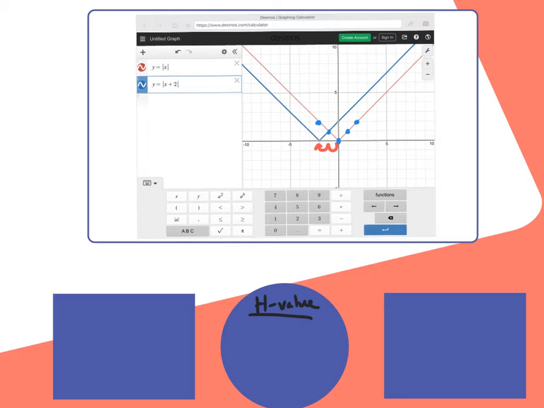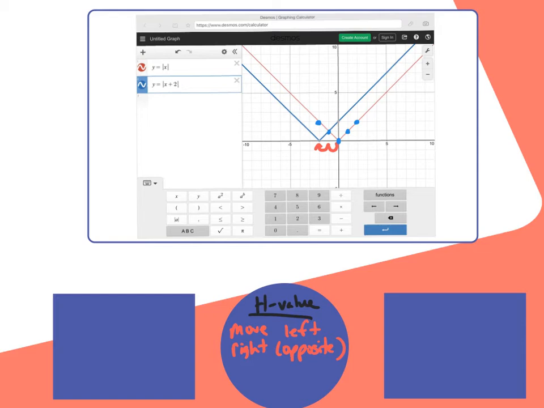It went to the left. So the hardest thing to remember about the h value is that it does move left or right, but I always like to say it's the opposite of whatever number it is. In this case, it was a positive 2, so it's going to move left 2.